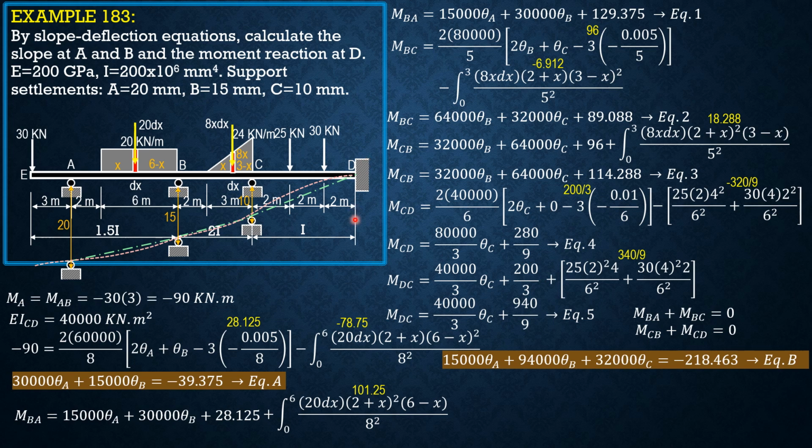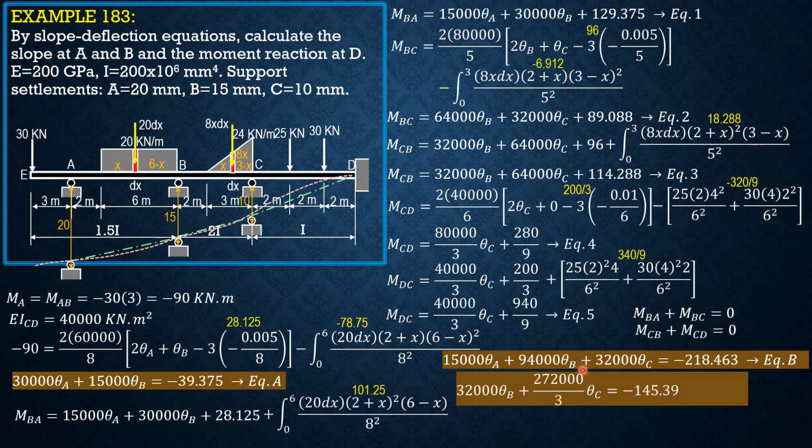So the equation would be 32,000 theta B, then plus 64,000 plus 80,000 over 3 is 272,000 over 3 theta C. Then negative 114.288 and negative 280 over 9 combined is negative 145.399.